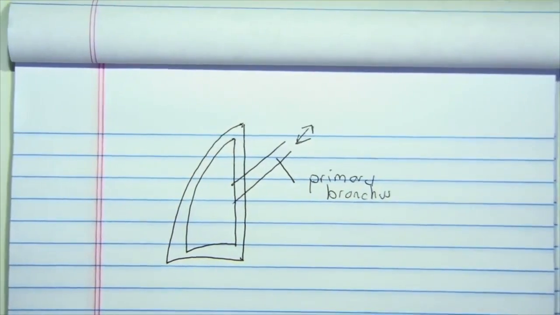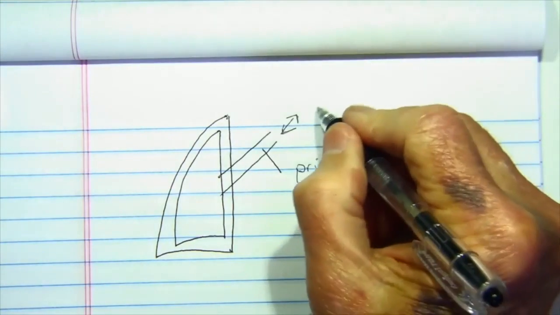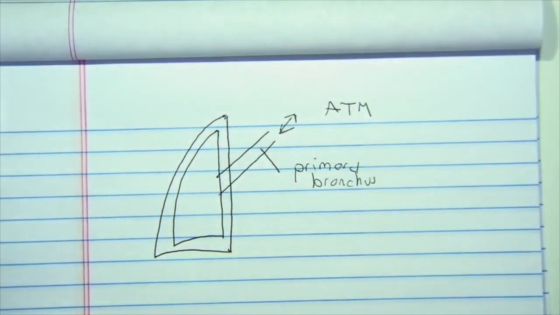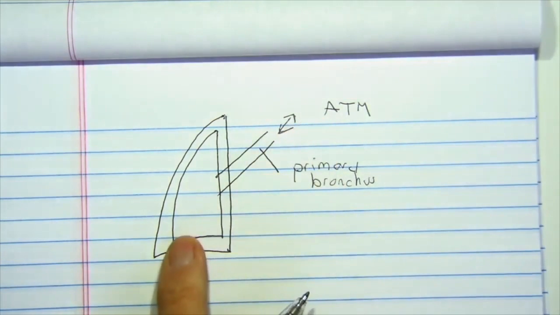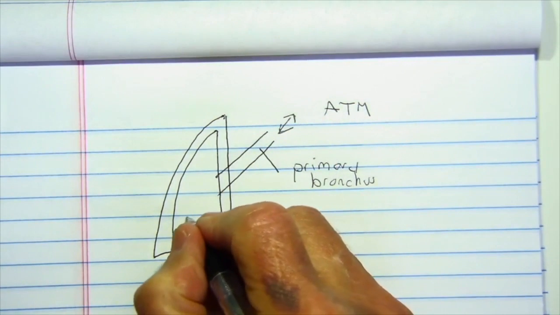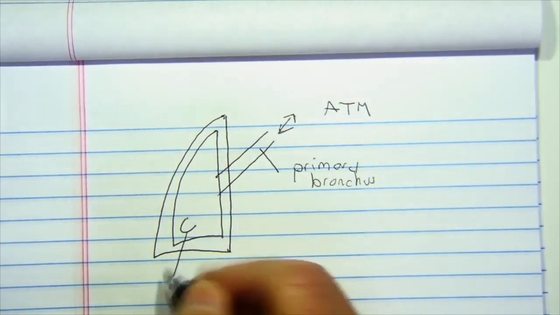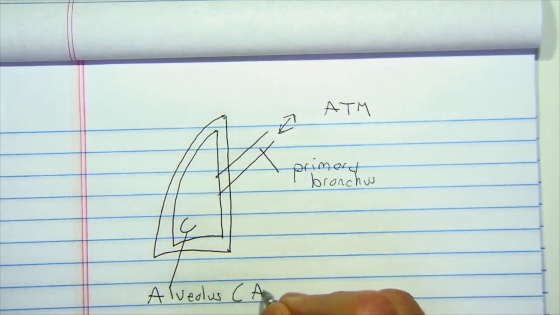And the air that's being brought in would be ATM. So the air that comes in here is ATM, or atmospheric air pressure. So that's our first pressure of respiration. And then you notice as the air enters the lung, each lung is going to have literally millions of these air sacs. So this is going to be an alveolus, or an air sac.